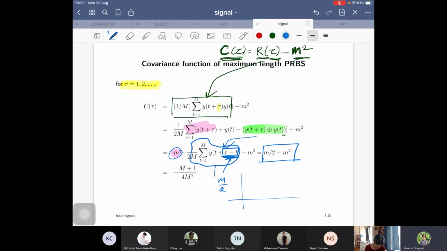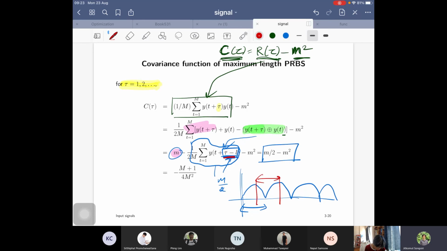Let me draw another example. You have something that is periodic. A PRBS sequence is periodic. So if you compute the mean within one period, it would be the same as the mean of the shifted signal, as long as you compute the mean within one period.